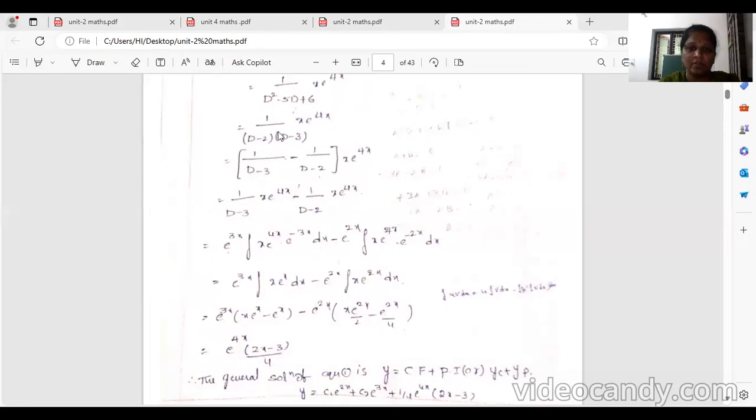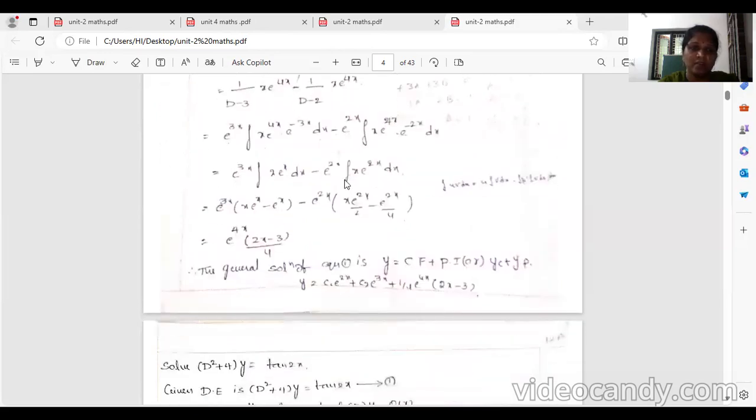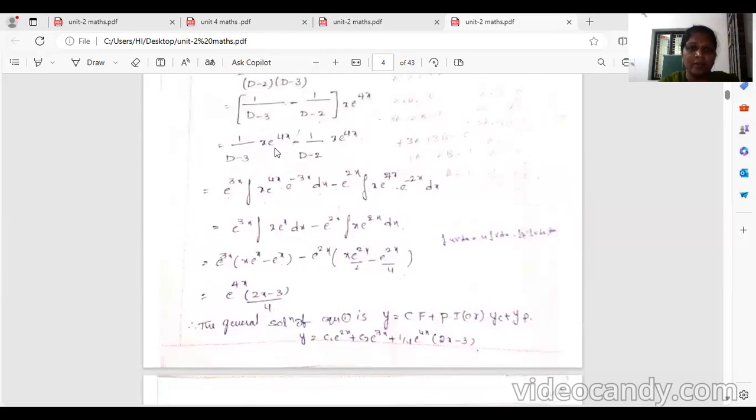e power 4x. So the partial fractions are 1 by D minus 3 minus 1 by D minus 2 into Q equal to x into e power 4x. Separating the fractions: 1 by D minus 3 into x into e power 4x minus 1 by D minus 2 into x into e power 4x.